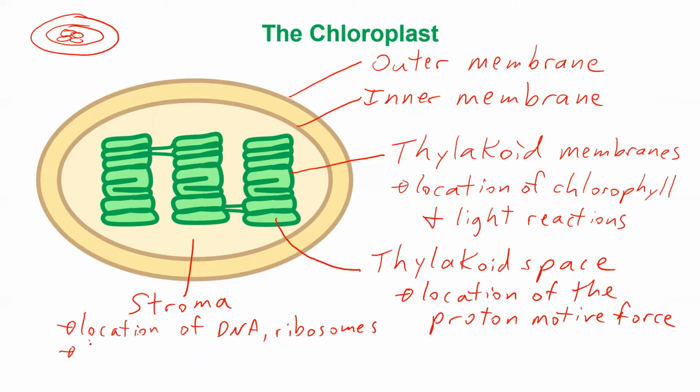This is also the location of the Calvin cycle. So this is a biochemical reaction that is still named after the person. So the Calvin cycle is also known as carbon fixation, and we'll talk about that as well.